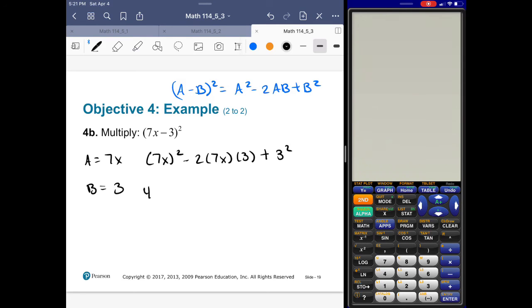So 7 squared is 49, x squared, minus 2 times 7 is 14, times 3 is 42x, plus 9.